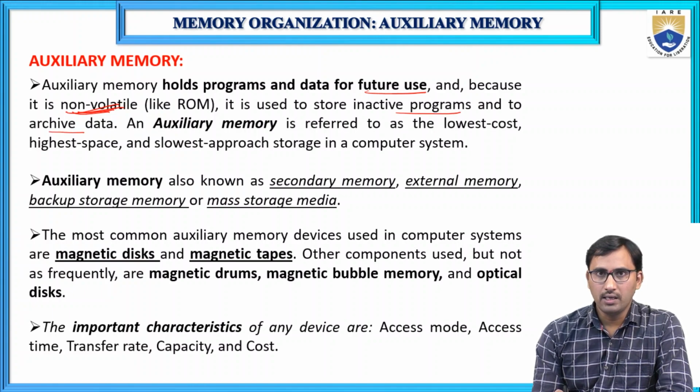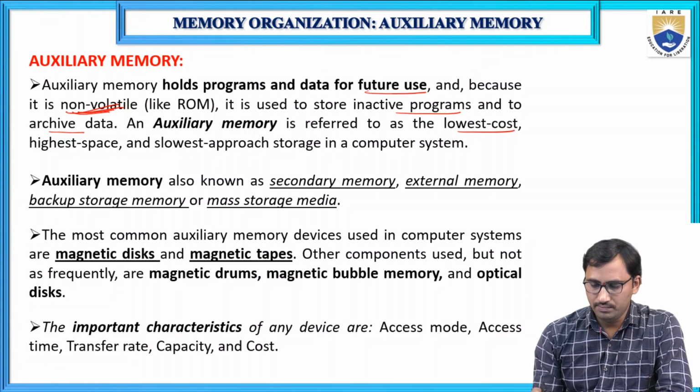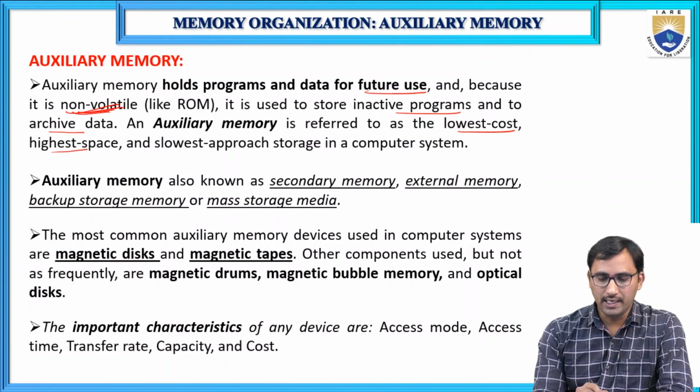The auxiliary memory is referred to as the low cost, highest space, and slowest access storage in a computer system. So the main properties of auxiliary memory are low cost, high space, and slowest access storage.